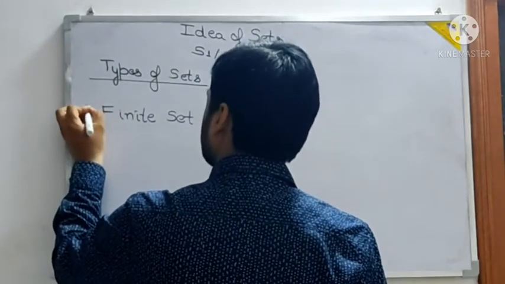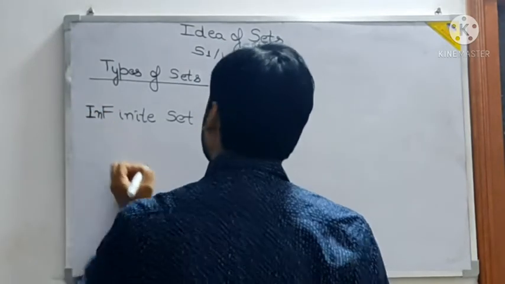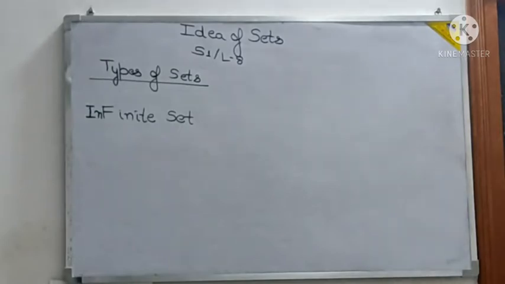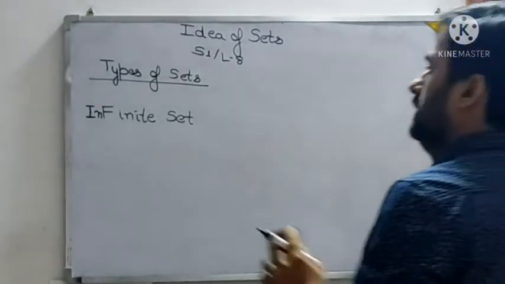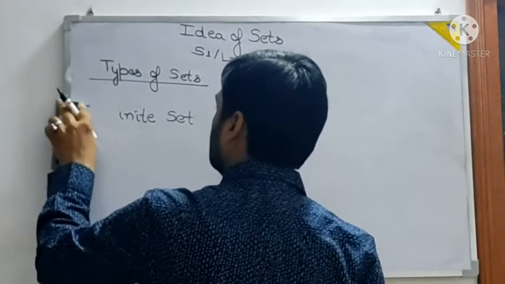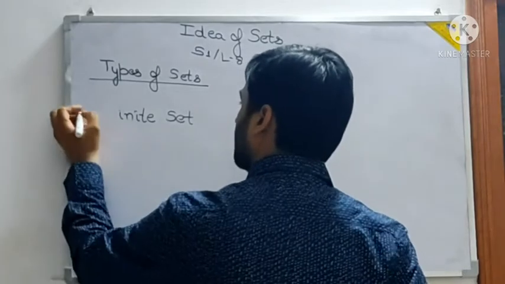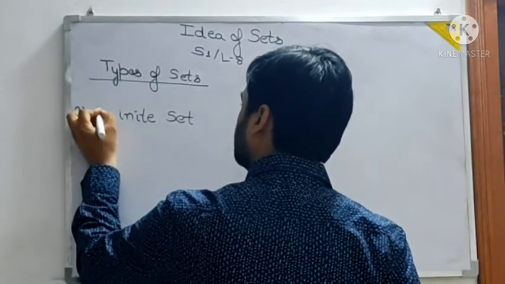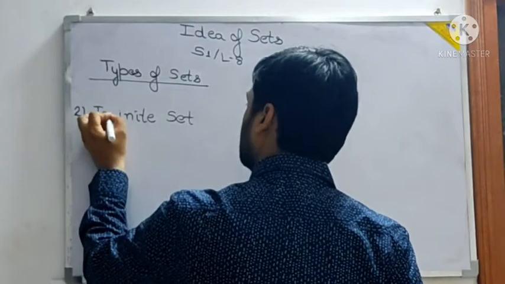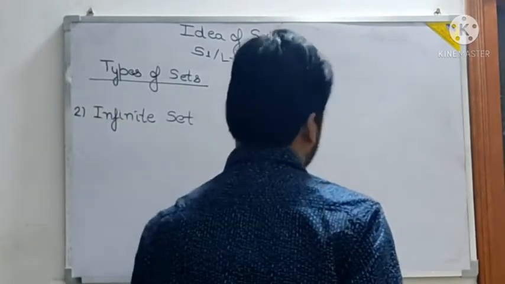So it is an infinite set. The f should be small, children. Let's write it properly. The second type of set that we are learning is the infinite set.